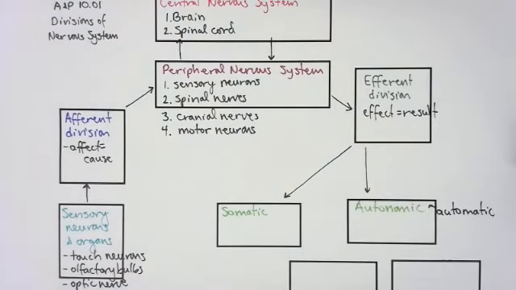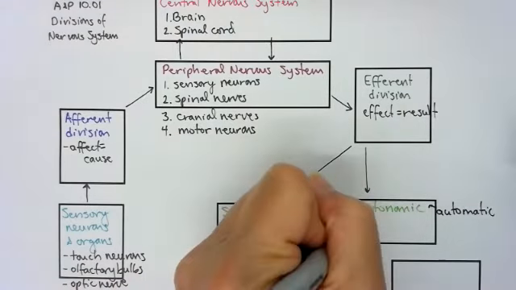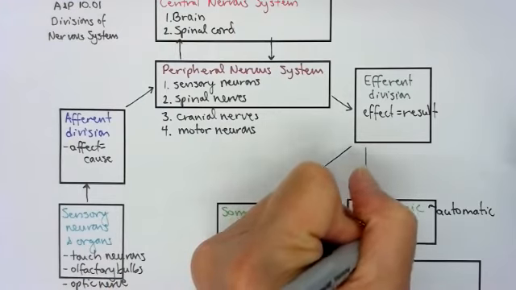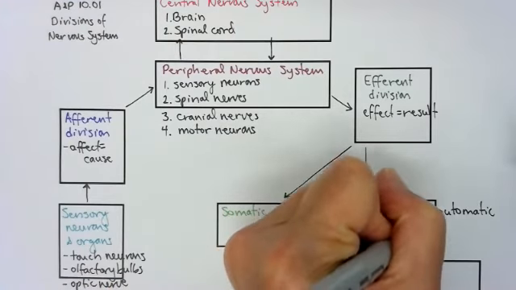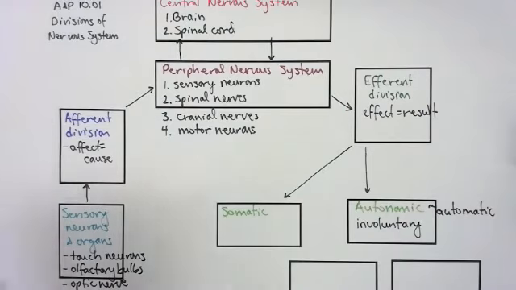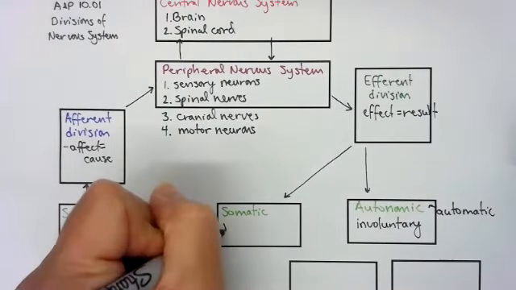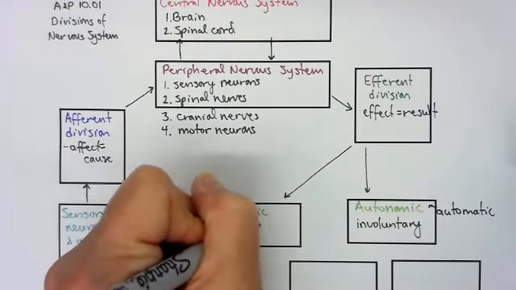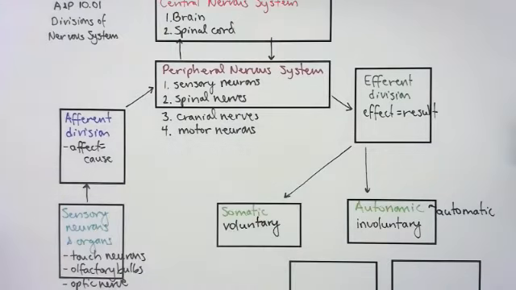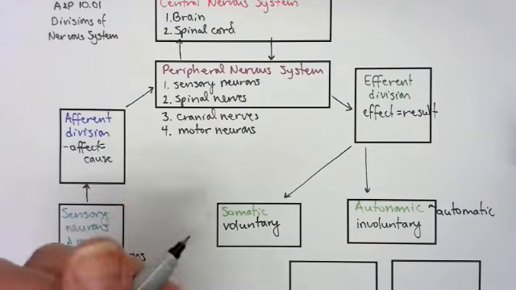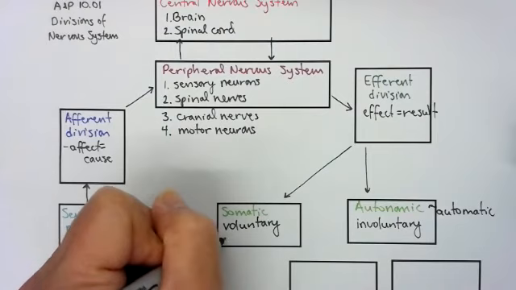These are responses that are involuntary. So this is an involuntary response. You can't help it. Somatic is voluntary. So we're talking about using things like skeletal muscle.